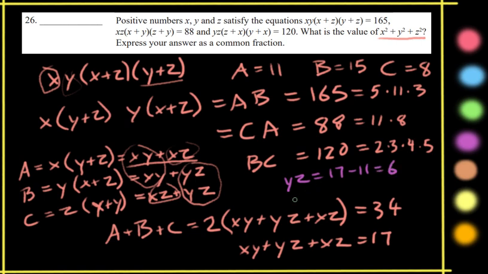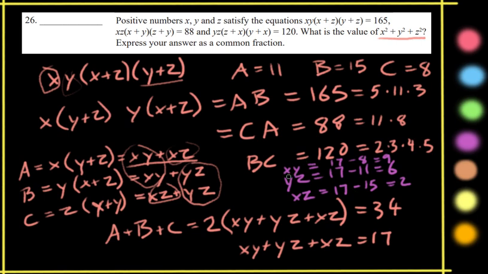And then xz is going to be 17 minus, we have to subtract these two bits, which is B. B is 15. So that means xz is equal to 2. And then these three add up to 17, so xy has got to be 17 minus 8, which is equal to 9.